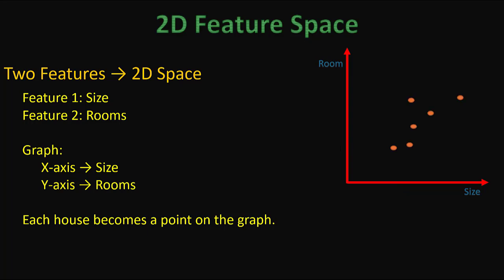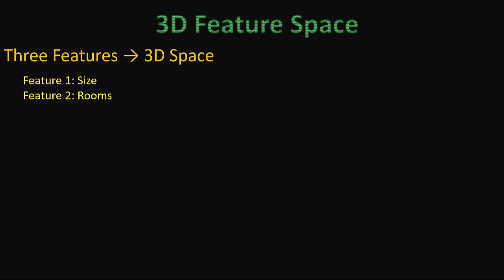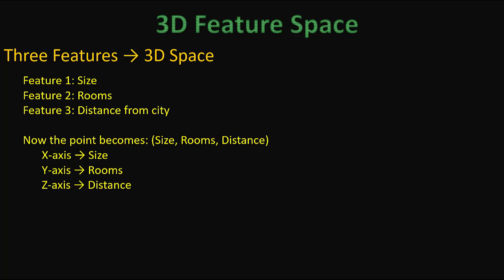Similarly, different houses may have different features, so whatever points we have on this graph, they represent the houses. Now we also have the 3D feature space. In this case, we have three features: feature 1, the size; feature 2, rooms; feature 3, the distance from the city. For that we need 3D space.